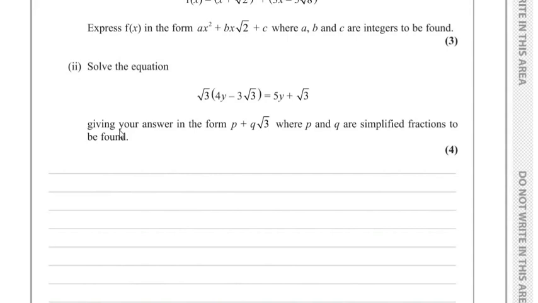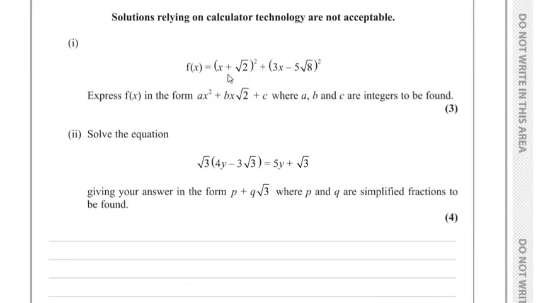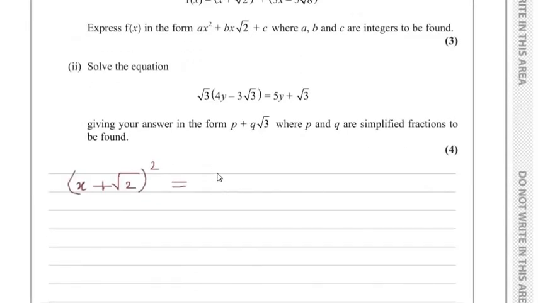So the first thing we can do is, let me take the first bracket of f of x. I will write it as x plus root 2 the whole square. So I can expand it into two brackets and write it as x plus root 2 times x plus root 2. So I have written the square and I have split it into two terms.